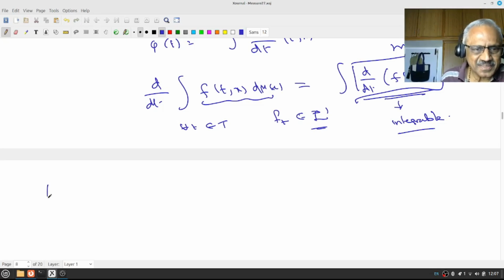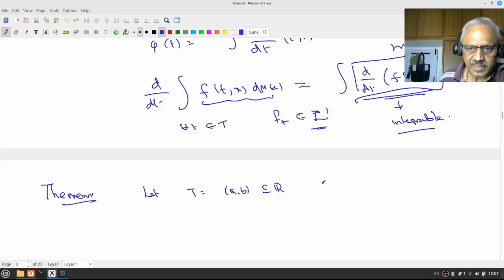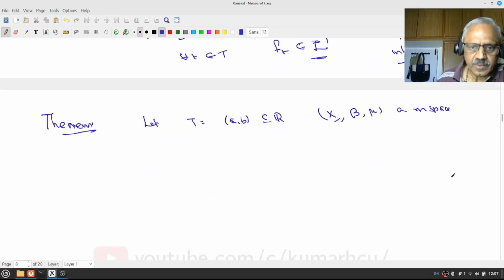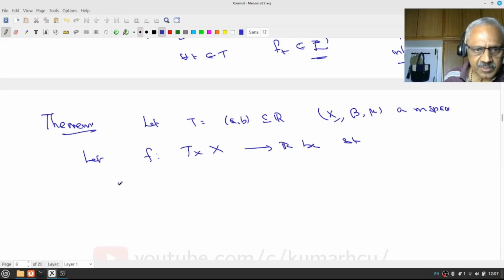So this is a theorem. Let T be some interval [a, b] in R, and (X, mu) a measure space. Let f from T cross X to R be such that, what are the assumptions you want to make?